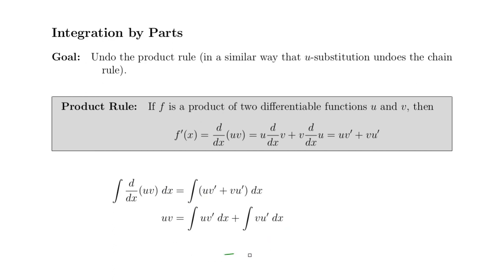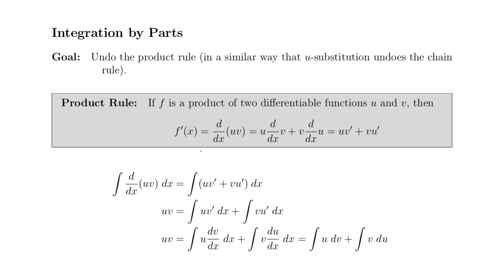So then, on the right side, I'm just going to split this up across the sum. I know that if I'm trying to integrate a sum of two functions, I can look at the sum of the integrals. And then what we might notice is that we have v prime dx and u prime dx here. And those, by definition, are differentials. I'll show you that a little bit in a second, but depending on how you define differentials in Calc 1, that might just fall out right from there.